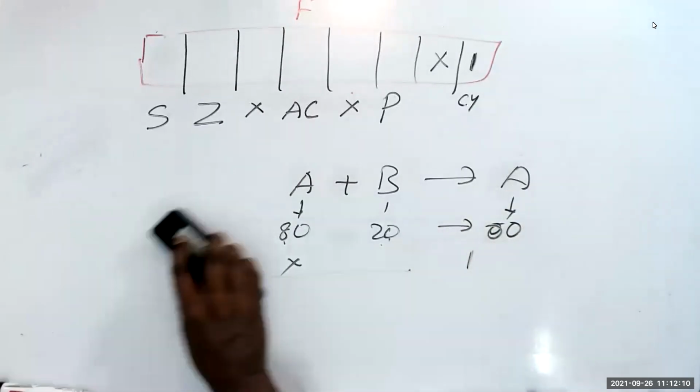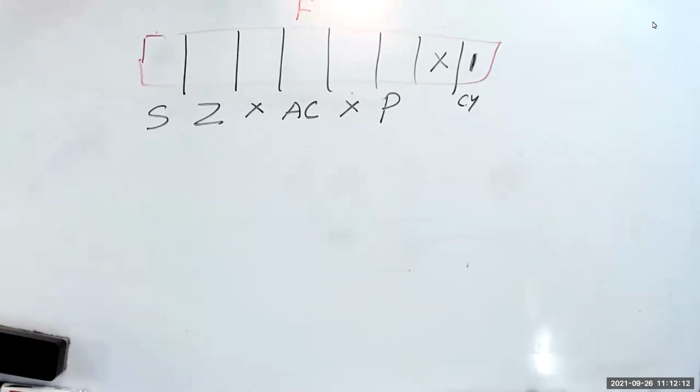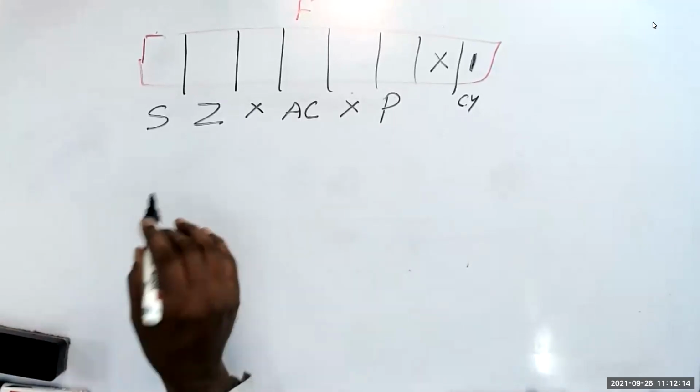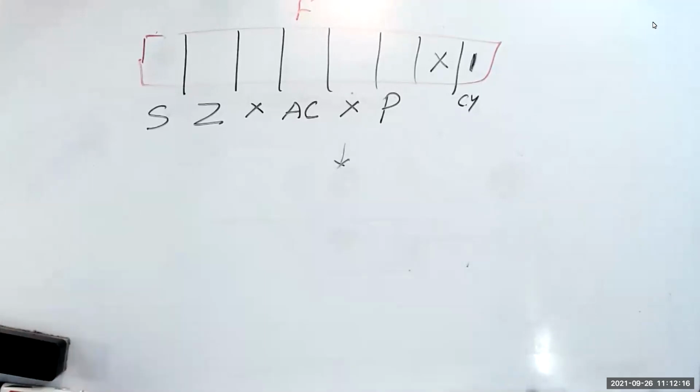Let's say if I write a program, we will see 2 programs in C. Let us write 2 programs in C, and we will see that. Then you will understand.